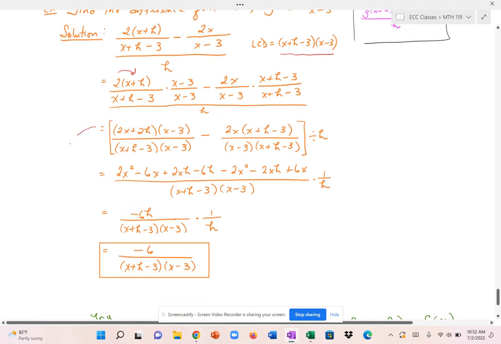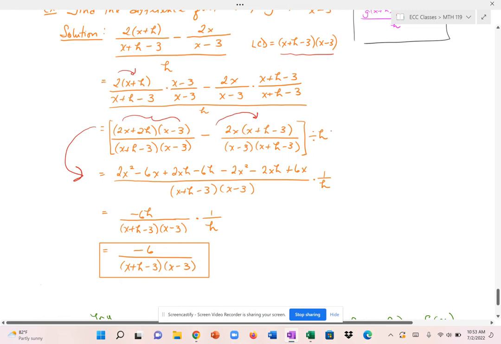So from here to there, I FOILed this out. So I get 2x squared minus 6x plus 2xh minus 6h. And I distributed negative 2x across here. So I get minus 2x squared minus 2xh plus 6x all over the common denominator.